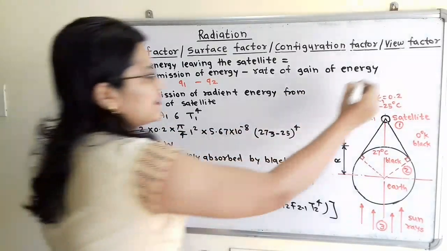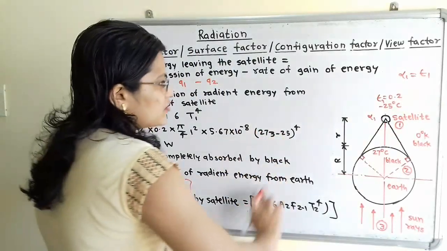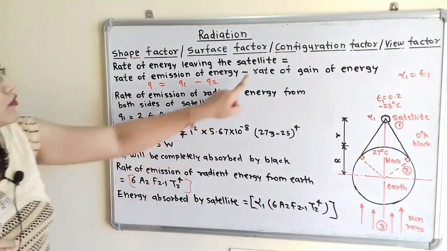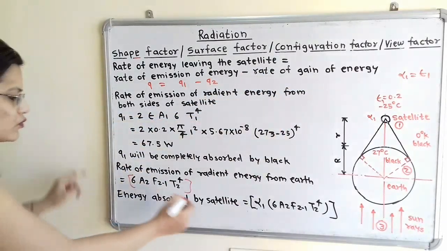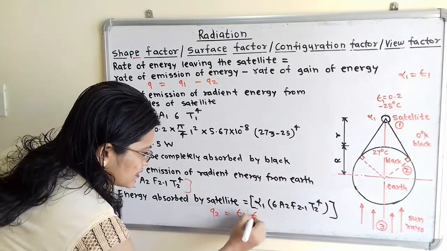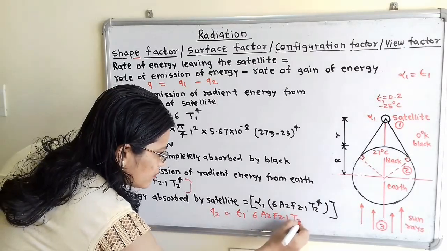So I will write here alpha 1 is equal to epsilon 1. So instead of alpha 1, I will write here epsilon 1. So energy absorbed by the satellite, that is rate of gain of energy, Q2, is equal to epsilon 1 sigma A2 F of 2 to 1 T2 raised to 4.